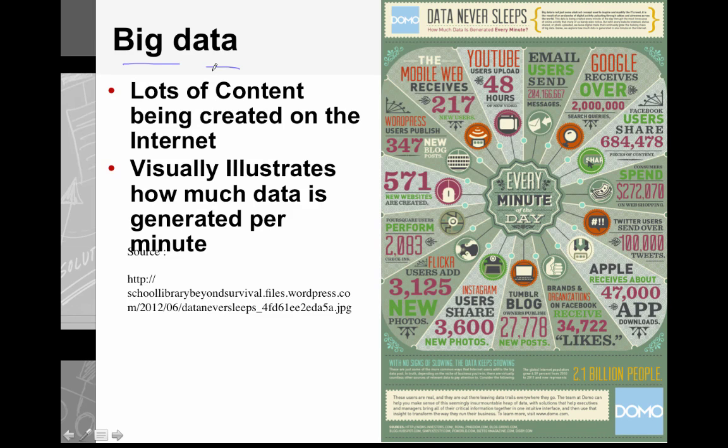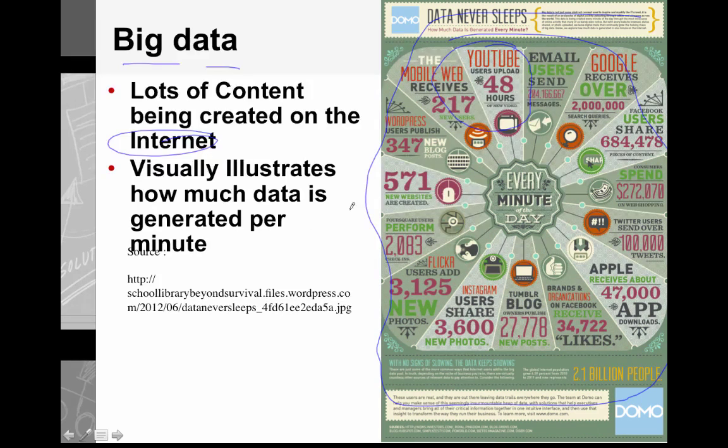There's lots of content being created on the internet. Visually, I have a chart over here. It's an eye candy chart, which illustrates how much content is being generated per minute. Look at YouTube. Within a minute in YouTube, 48 hours of video is being uploaded, which means every 7 to 10 days, about a century worth of video is being uploaded into YouTube.